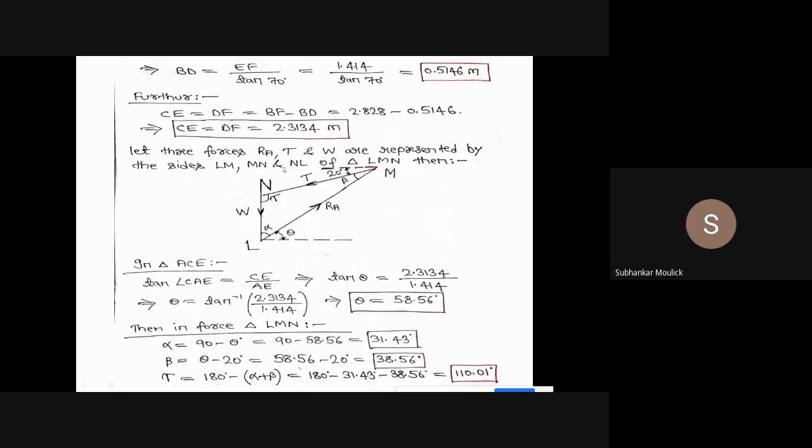It is FB or BF minus BD. Then you will get the value of DF. Fine. So CE equals DF, which is equal to BF minus BD.